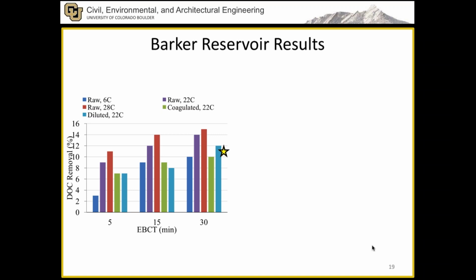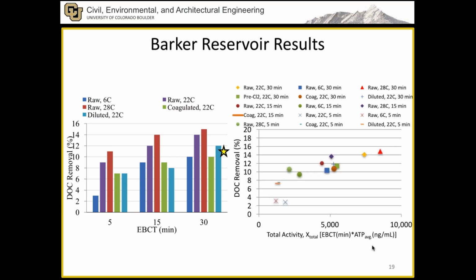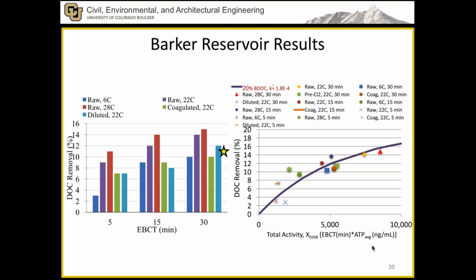So we can see, we've set this to modeling data, and we have total activity, which we use from those equations I showed earlier, compared to DOC removal. We plotted each of the different scenarios. And then we plotted our best fit K double prime to be 1.8 with a BDOC of 20%.